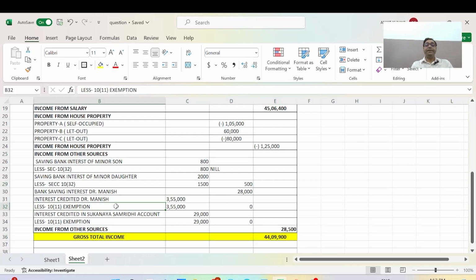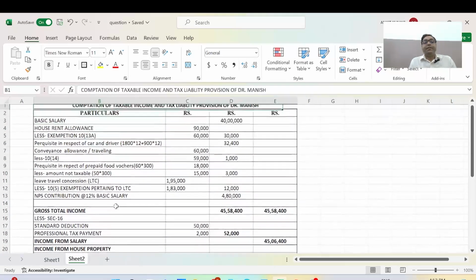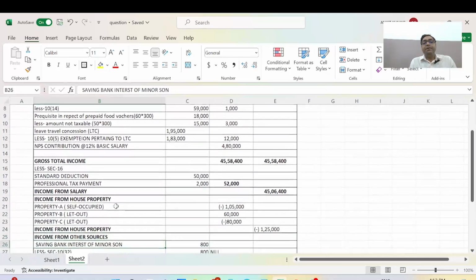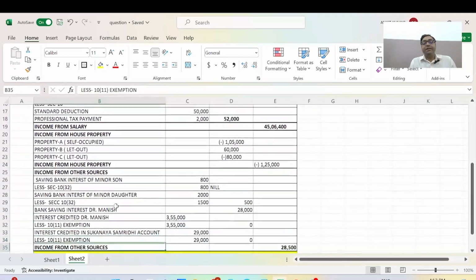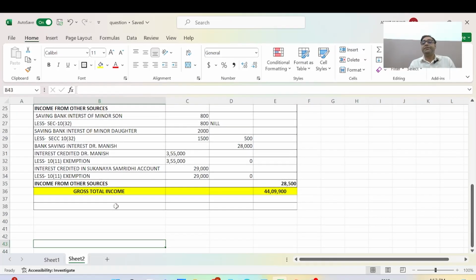It is very important. I think every student is clear how the calculation of this practical problem is solved. We have this problem on the basis of the old regime, and now we will do the deductions under the sections which are exempted, as per the information given in the question.